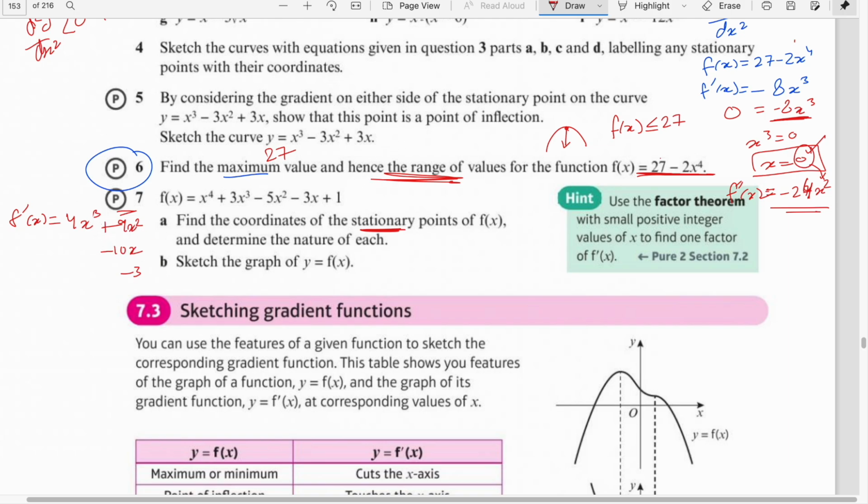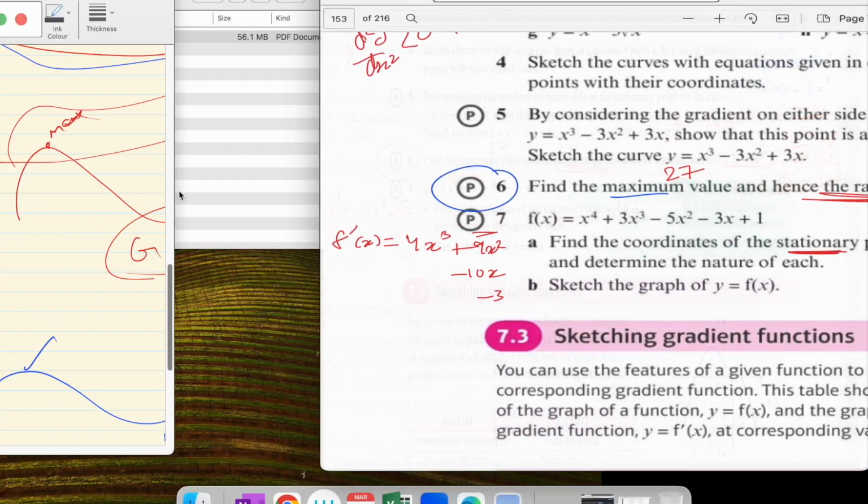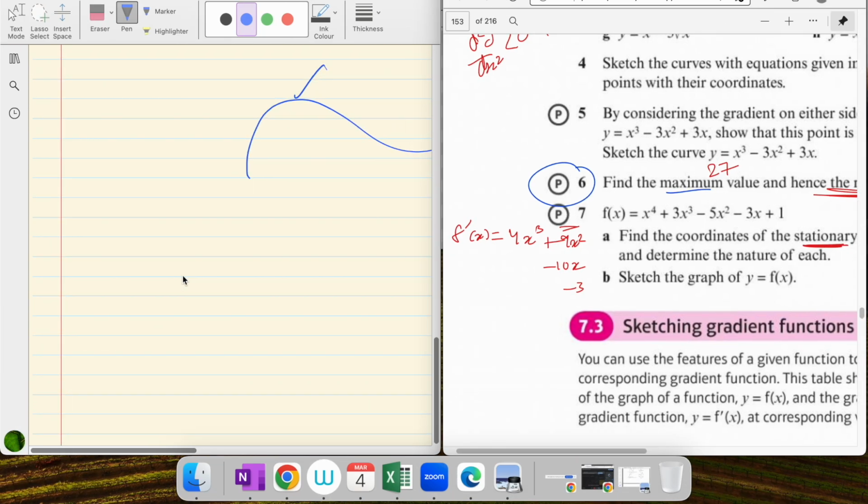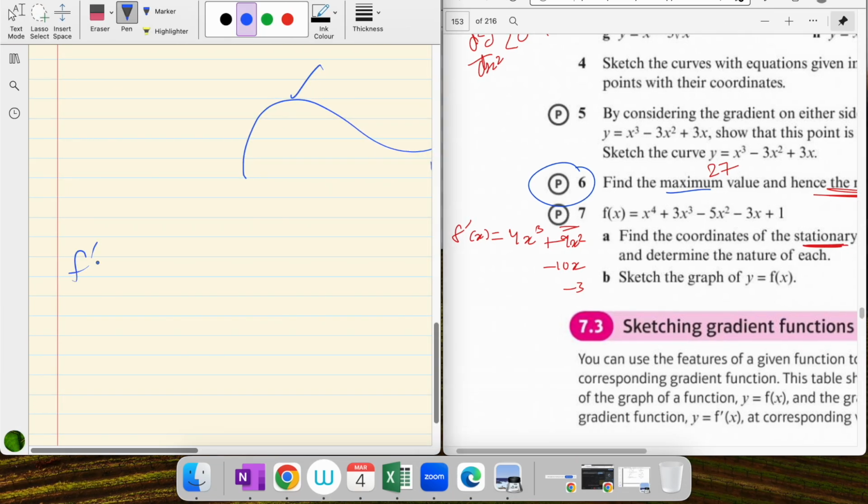We substitute this equation equal to 0. f dash x is, I'm just copying it, 4x cube plus 9x square minus 10x minus 3. Now you substitute it equal to 0 to find the turning points.